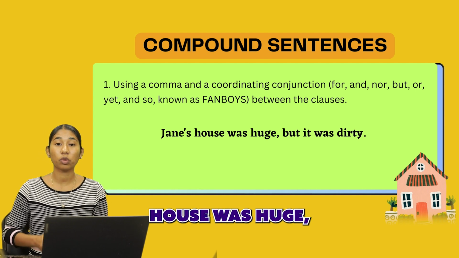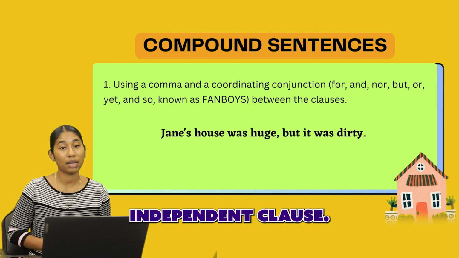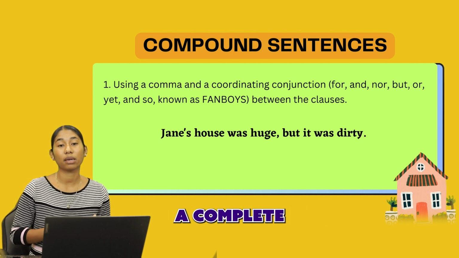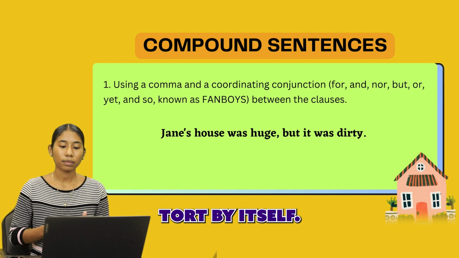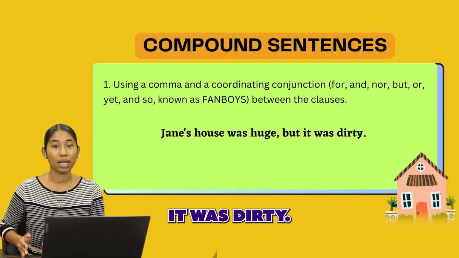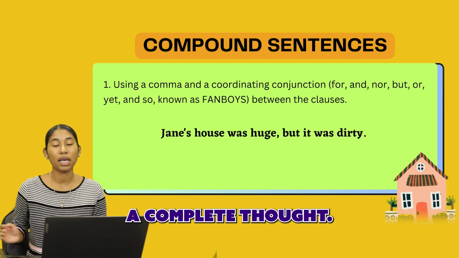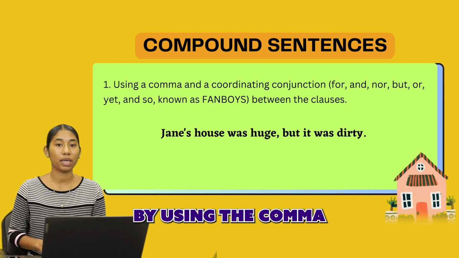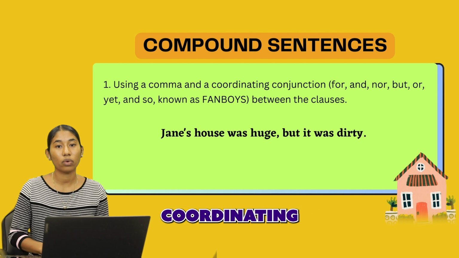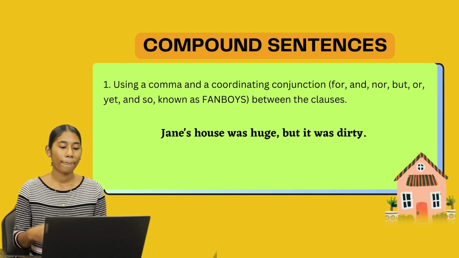So Jane's house was huge. That's the first independent clause. It expresses a complete thought by itself. It was dirty. That's the second independent clause and it expresses a complete thought. Now we're putting them together by using the comma and the coordinating conjunction but.